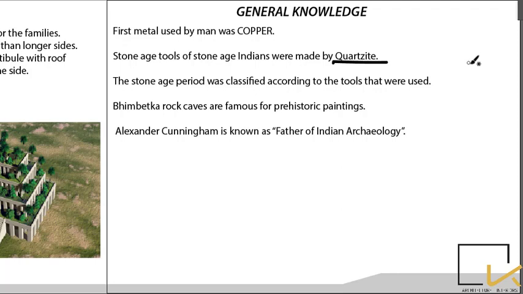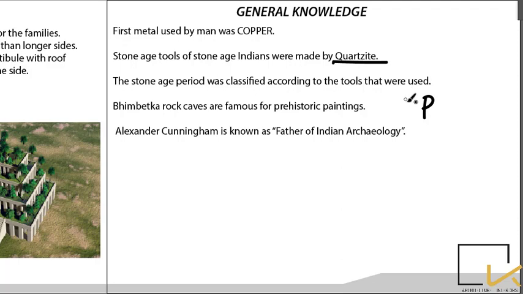The Stone Age period was classified according to the tools that were used. Earlier we saw Paleolithic, Megalithic and Neolithic. All these periods are classified according to the tools used at that time. Bhimbetka rock caves are famous for prehistoric paintings.